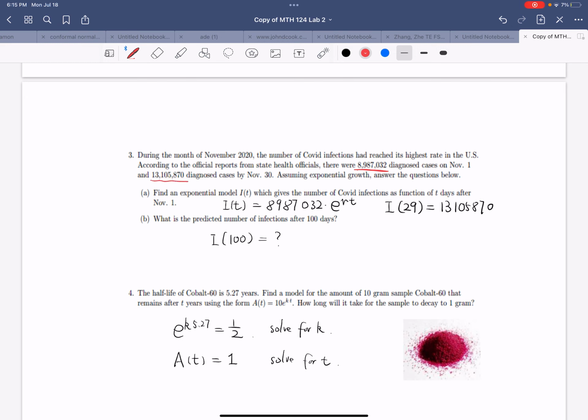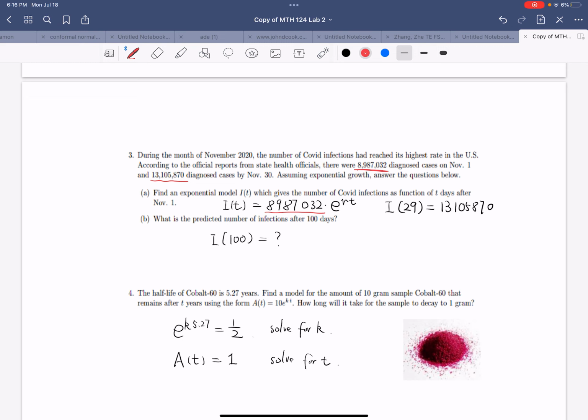So assume our exponential model I(t) is the initial data times e to the rt. This information says from November the 1st to November the 30th, 29 days have passed. So I(29) equals this.